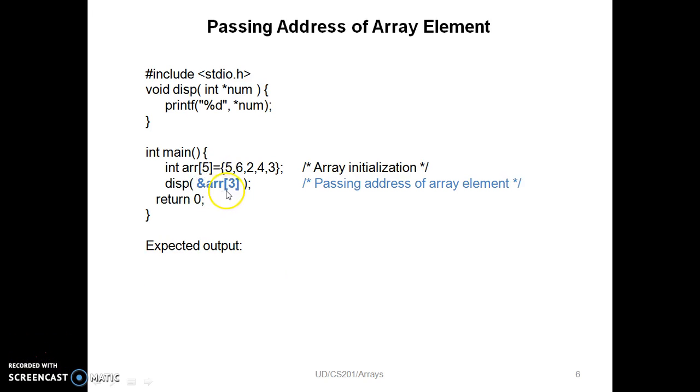Instead of passing the value of the array element, we can also pass the address. For this index position 0, this is 1, this is 2, this is 3. The address for this particular element will be passed over here, and then this function now knows that it is not a value but some address.